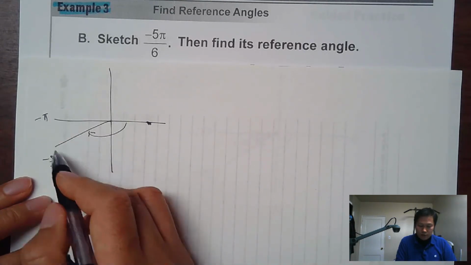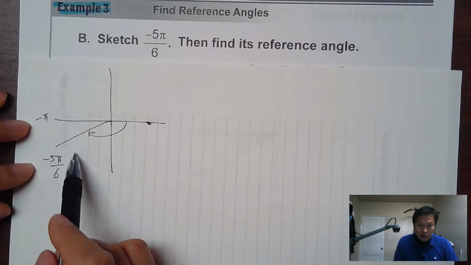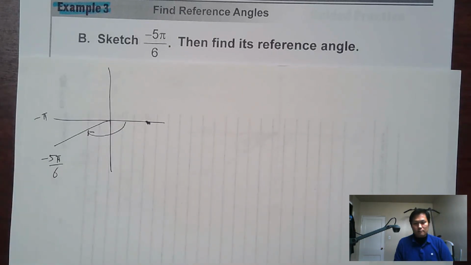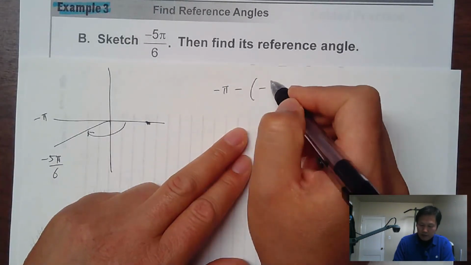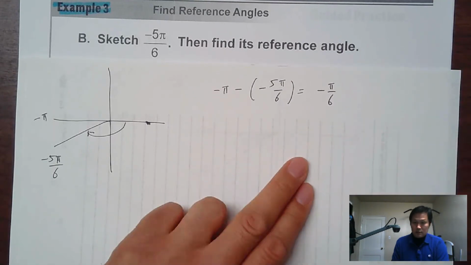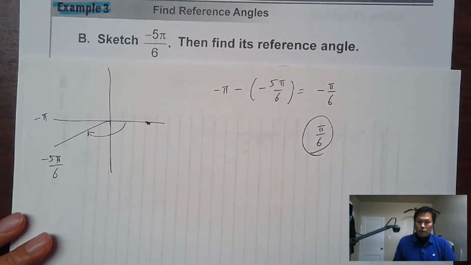Then get the difference between these two radians. If you ask me how did I know this is minus 5 pi over 6 located here, that means you're not familiar with radians, so probably you want to stick to the previous method. If you do understand this, all you have to do is minus pi minus minus 5 pi over 6. You will end up with minus pi over 6. Change that to positive. Pi over 6 will be your reference angle in radians.